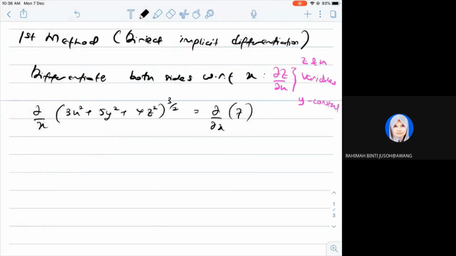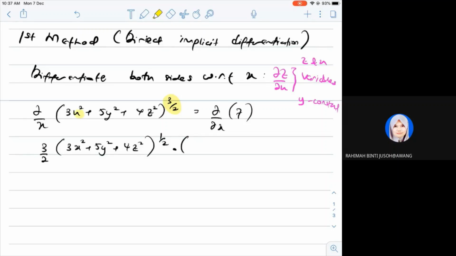Slowly. So this power 3 over 2, we bring forward here. So 3 over 2 multiplied by, copy everything, 3x squared plus 5y squared plus 4z squared, to the power of 3 over 2 minus 1, which becomes 1 over 2. Then you have to multiply by the differentiation inside this bracket with respect to x.